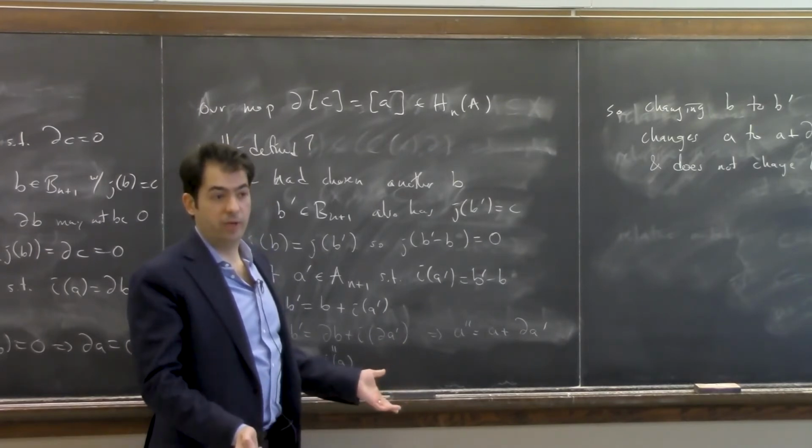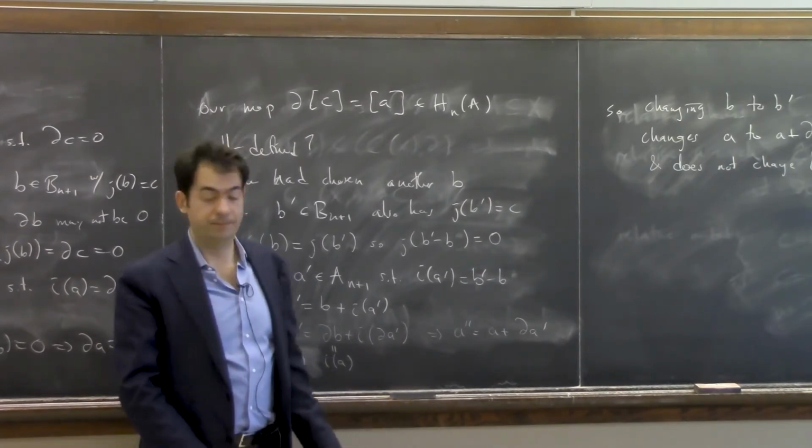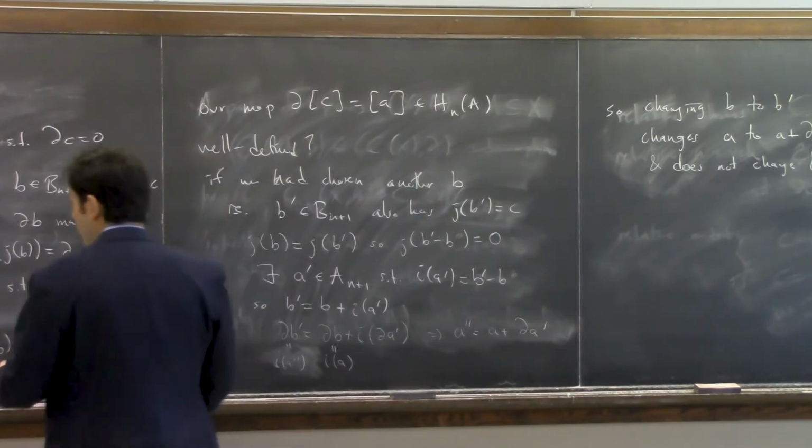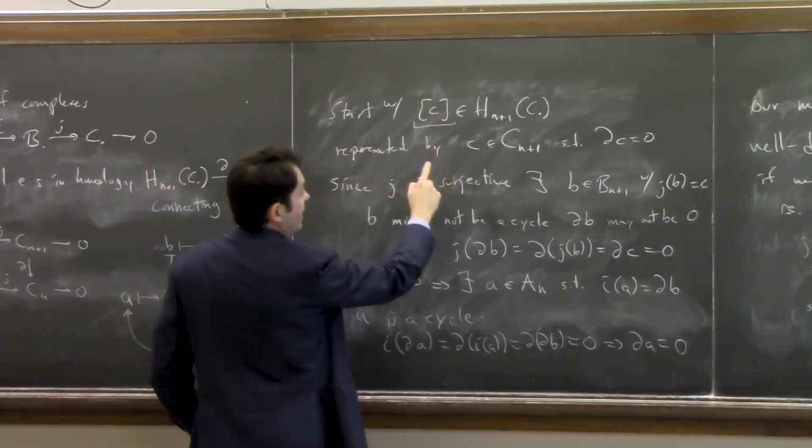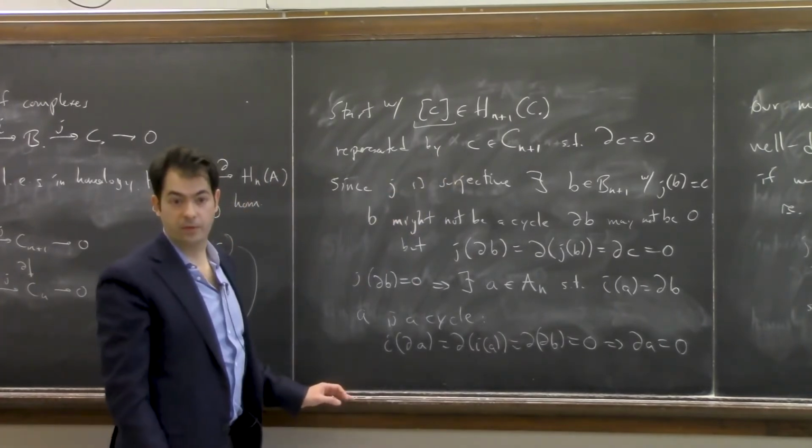Okay, so the choice of B makes no difference. The other choice we made was the choice of C, right? Because we started out with a homology class, and then we picked a representative.